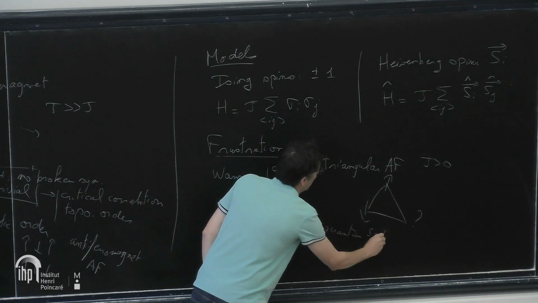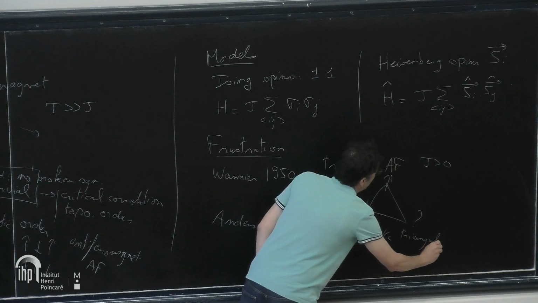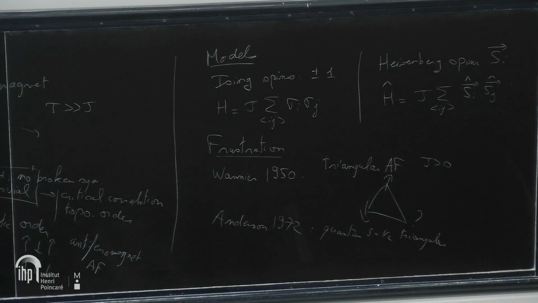So the quantum spin 1/2 triangular. And I'll give you more details when I do this part. But it's interesting because you say, oh, maybe this is a good candidate for not ordering and being a kind of spin liquid, which was one of the famous concepts in the field, called resonating valence bond, and that we'll see after.